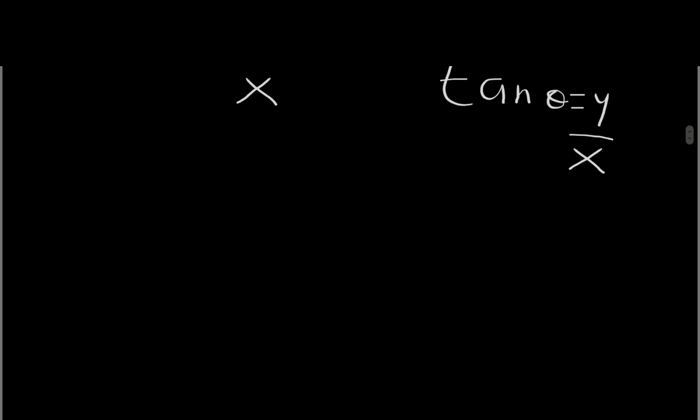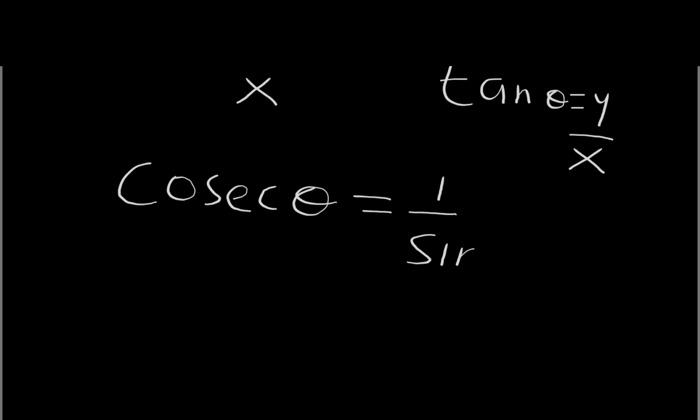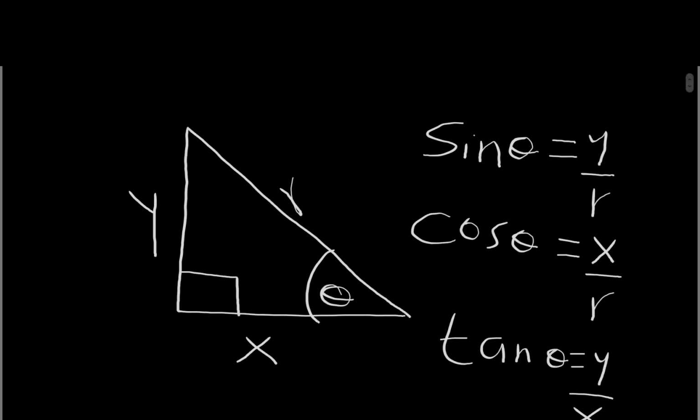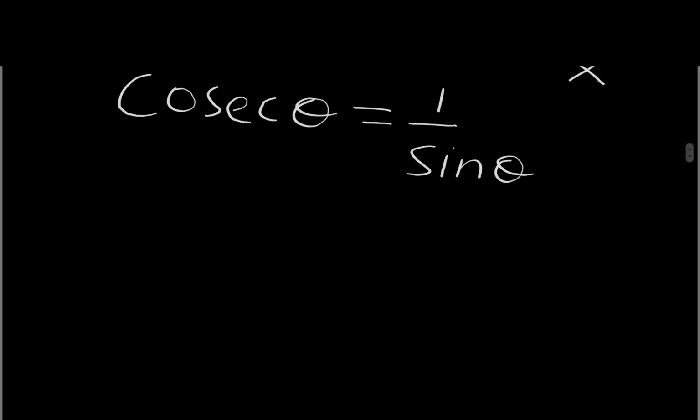We also know that cosec theta is equal to 1 divided by sine theta. So what is sine theta? Let's check it. Sine theta is y over r. So we now have this to be equal to 1 divided by y over r.